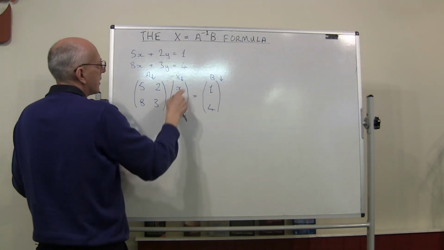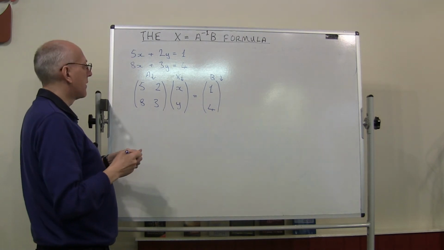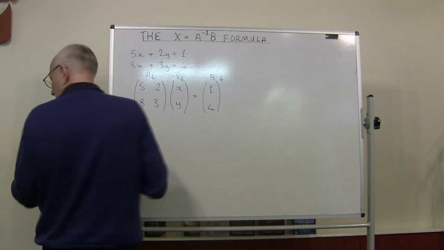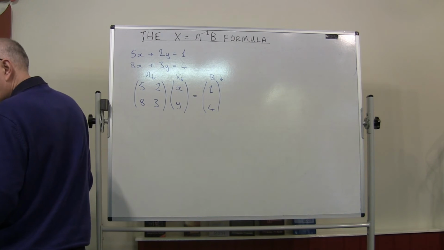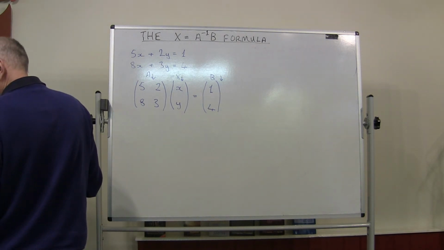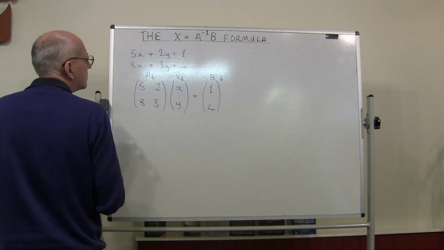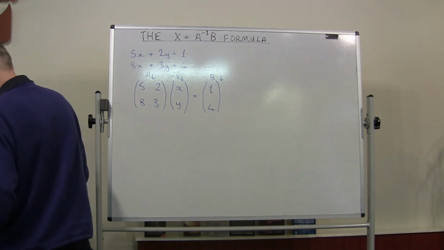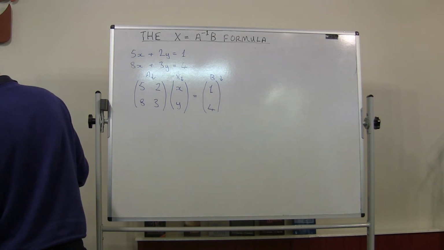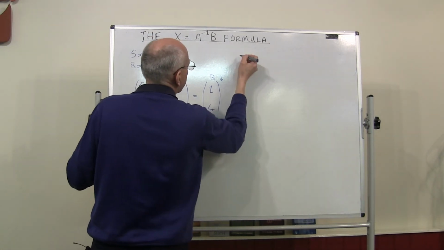Give me an x matrix, this one, with the numbers in. So we found x and we found y. Okay, so let's have a look at that. So let's find the inverse of A first. I'll do it in the same colour. So A, do it over here.